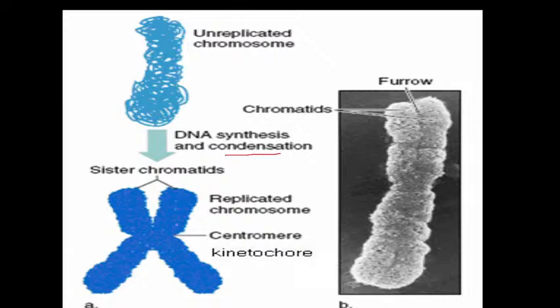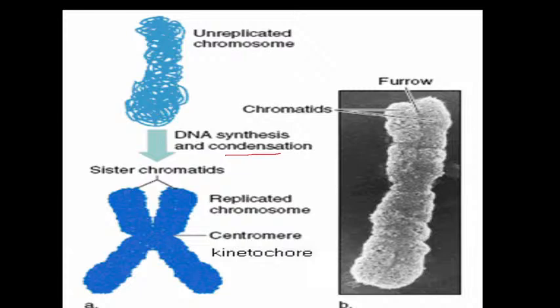I'm showing this picture just to give you an idea about certain terms used for the chromosome, which we have already mentioned in the human genetics section also. These are the two sister chromatids. During metaphase the chromosome will take a structure almost like this.